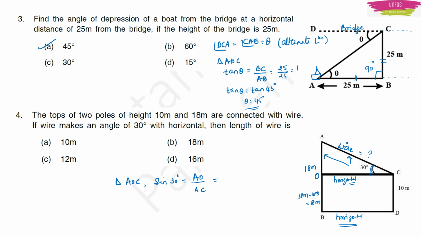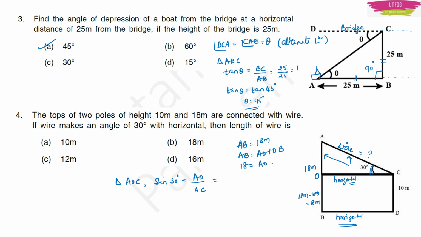What is AO? AO will be how much? Your AB is 18 meters, but AB is AO plus OB, and AO I don't know.